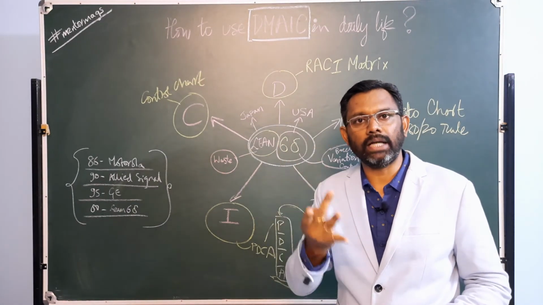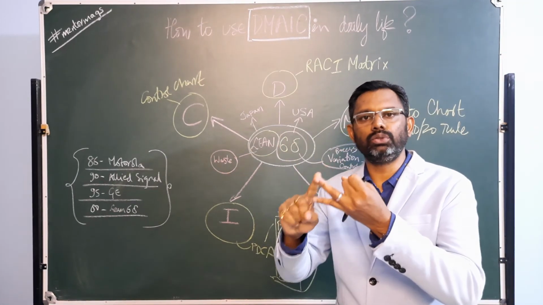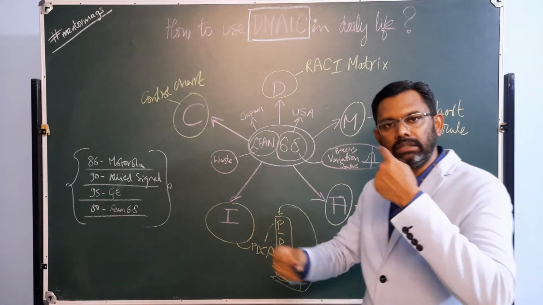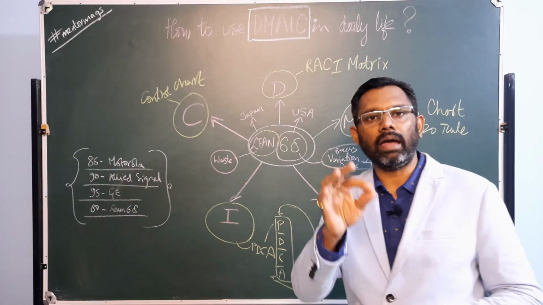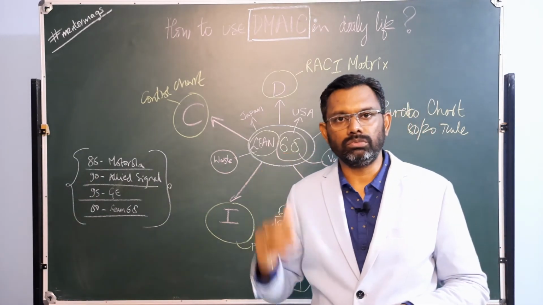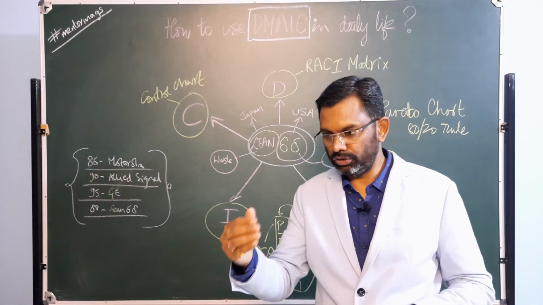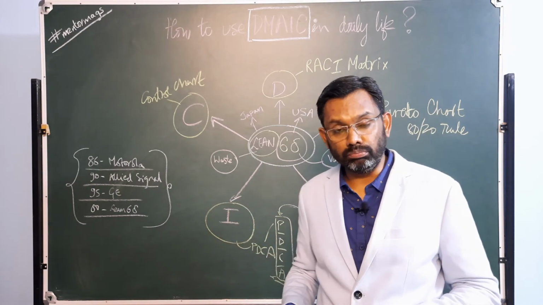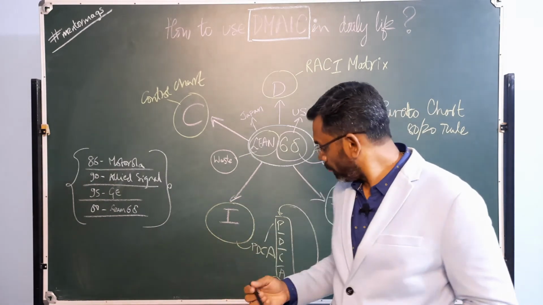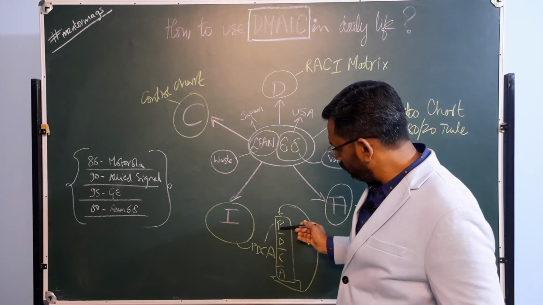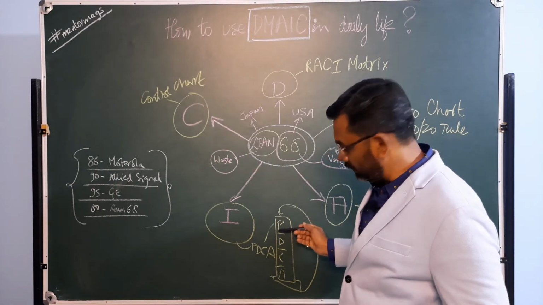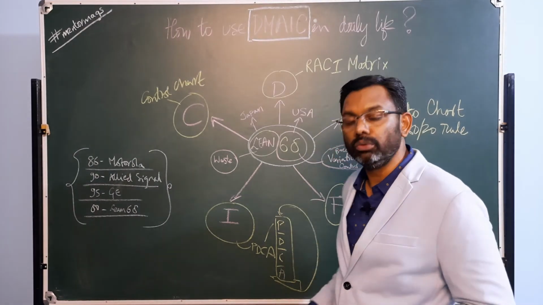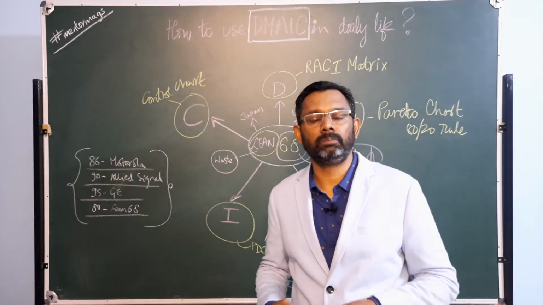Plan, do, check, act, in a cyclical manner every day. Check what you planned, then do, then check whether you're doing according to plan, and then you take corrective action, and then repeat the cycle.